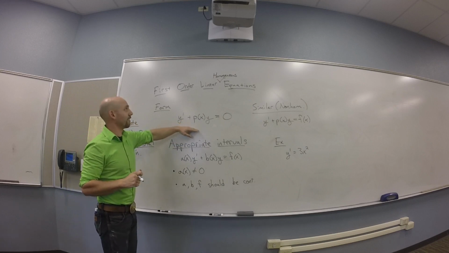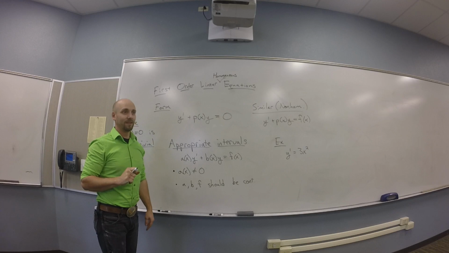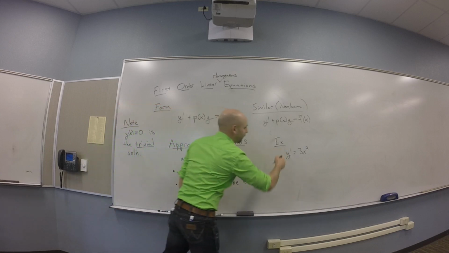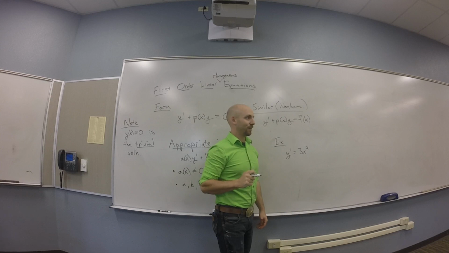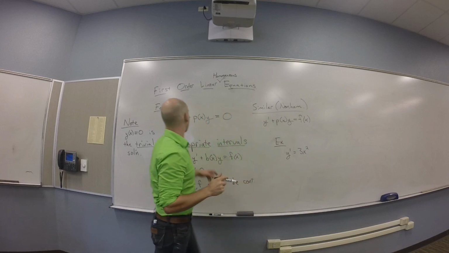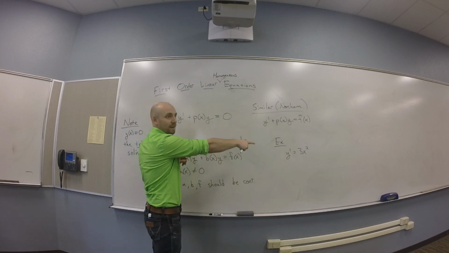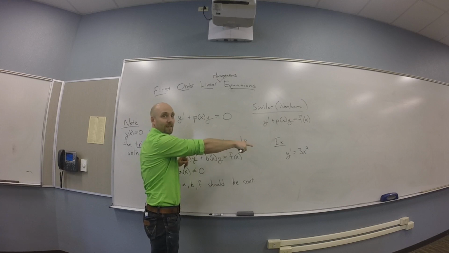Is it a first order linear homogeneous equation? Oh, why not? If I subtract the 3x squared to the other side, then you get your p of x, but you don't have the y. So that thing's not your p, that's your f. You guys see that?